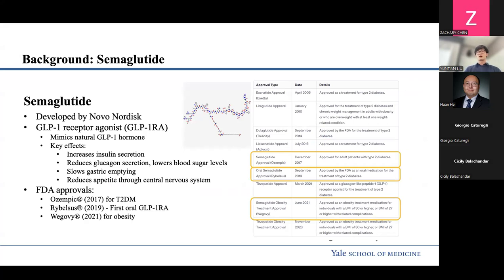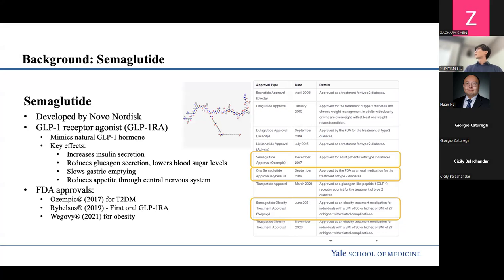It increases insulin secretion, which helps reduce blood sugar level, it slows the emptying of your stomach, and it also reduces appetite through the CNS, so you feel less hungry and less craving for food.